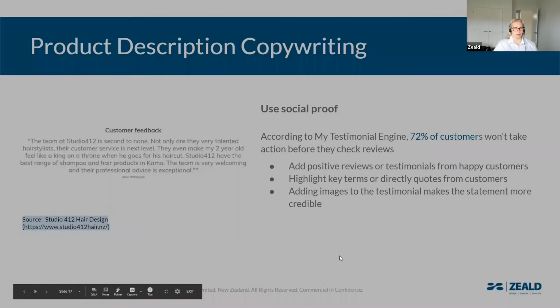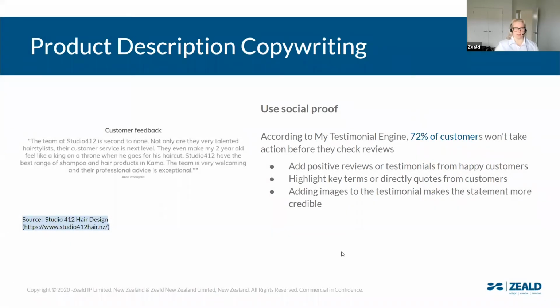Okay, and then I think it's the last one. Using social proof. So here's a little bit of a fact, but yes, according to my testimonial engine, 72% of customers won't take action before checking reviews. I am a big advocate for that because I know I do it all the time. So one way you can help is having reviews directly on your product or service.